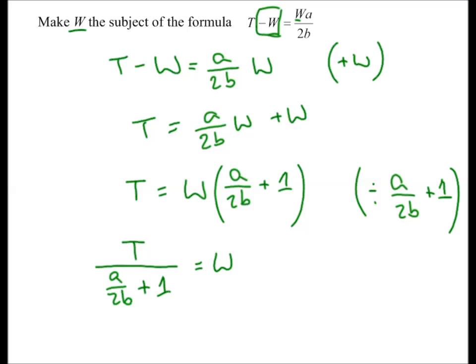Now, I don't really like having a fraction inside a fraction, and we know that if I times the top and bottom of a fraction by the same thing, it stays the same. So I'm going to finish this off by multiplying top and bottom of this fraction by 2b.